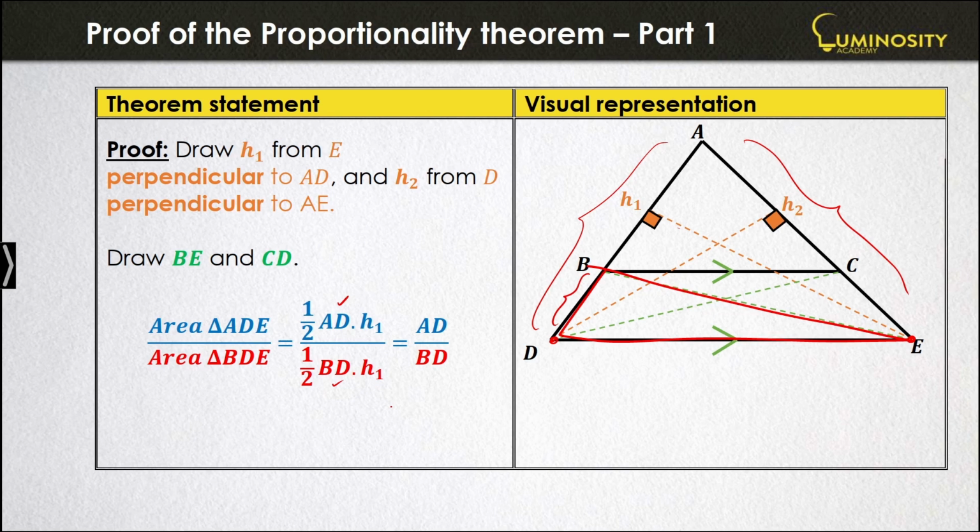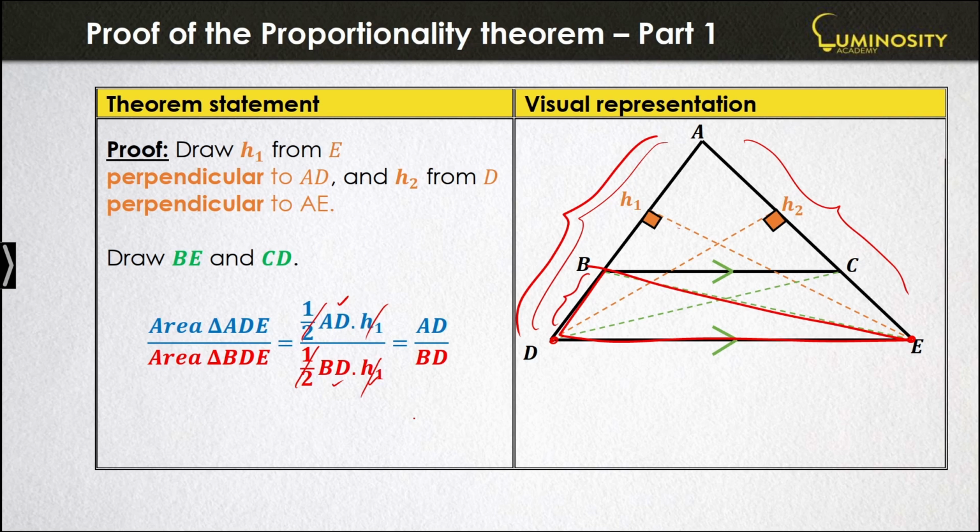So why did we do this? Well, what we've shown now is that the area of that large triangle ADE to the area of the smaller triangle BDE on the same base, we can simplify it. Halves divide, H1s divide, and we're left with AD over BD.